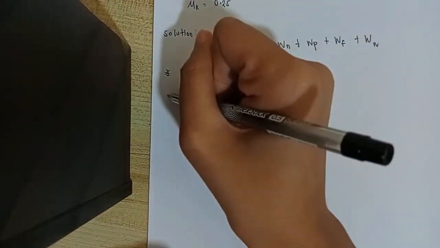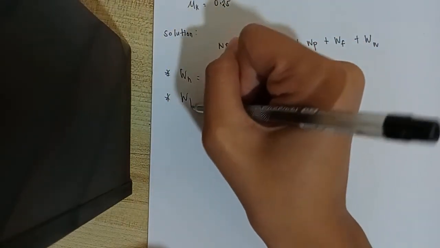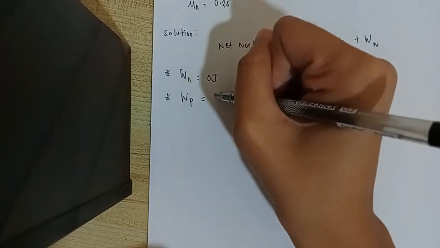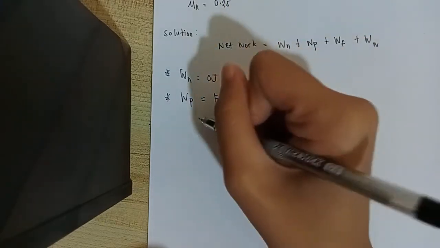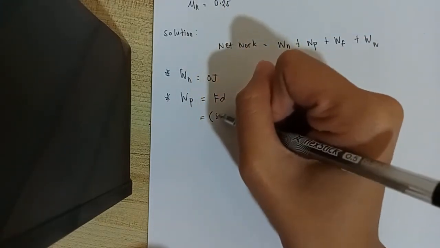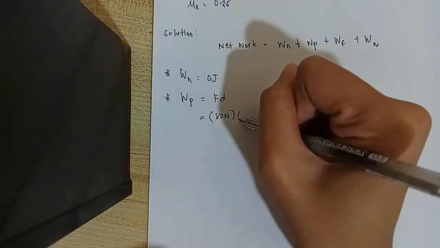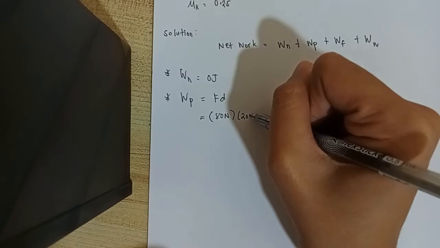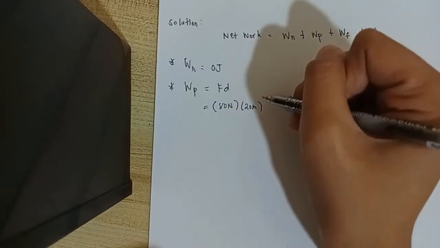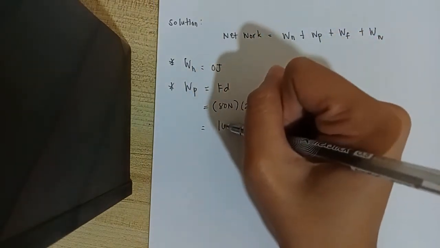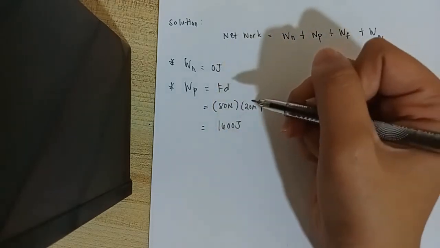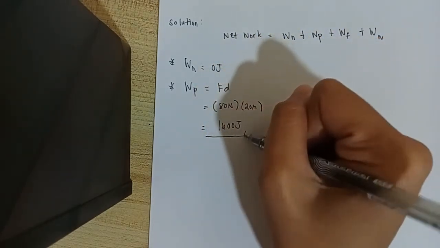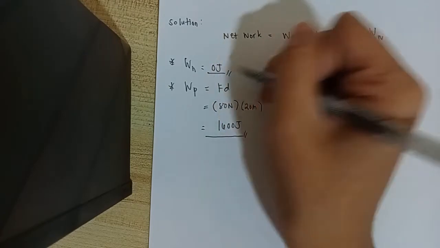Work sub N is 0 joules, since it is perpendicular. Next is the W sub P, which has a formula, force multiplied by distance. I forgot to write the distance on the given, which is 20 meters. So that will be 1,600 joule.